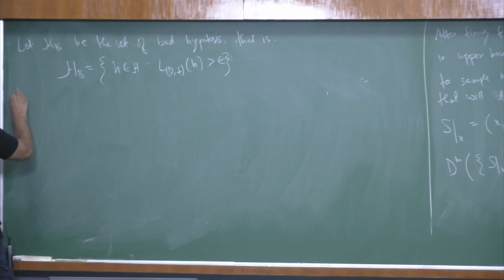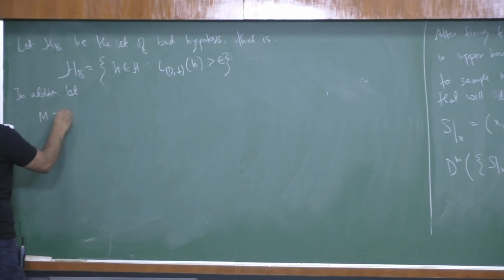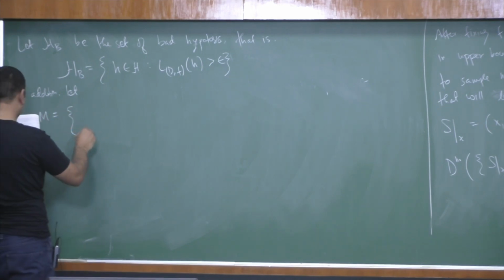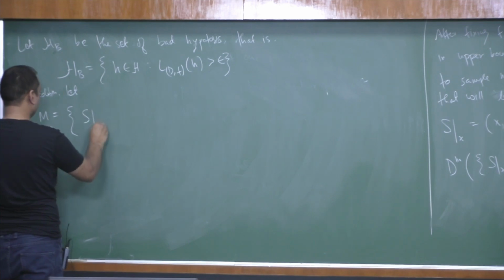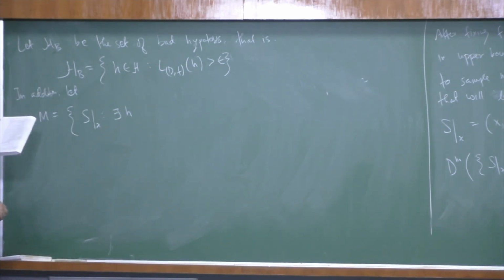In addition, let us define a set M, which is the set of S_X such that there exists h. These are now misleading samples; M stands for misleading samples.